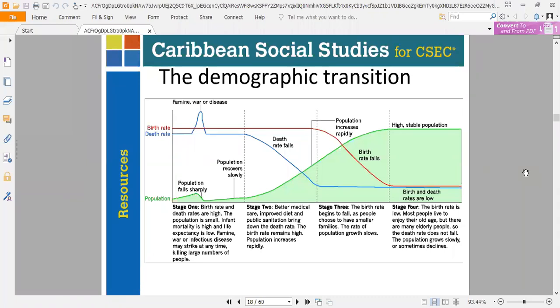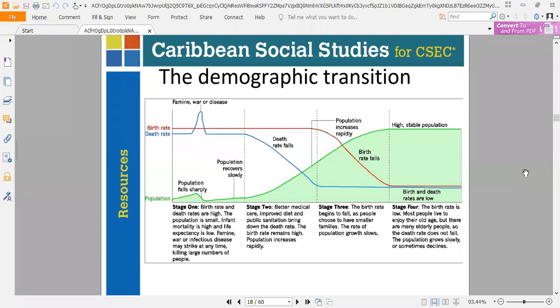Now, when the death rate begins to trend downward, we realize that the population must begin to move upward, indicated by the green area. So the birth rate is constant, yes. The death rate begins to go down. So as a result, the population begins to increase.